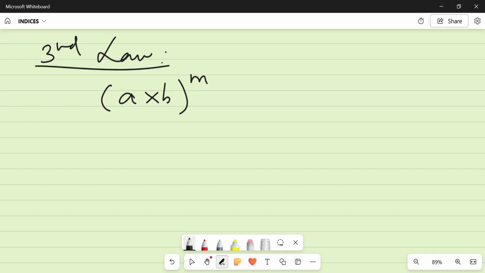So a times b to the whole bracket. This is a whole bracket. M is outside, which means m is on a as well and b as well, right? So how are we going to open them? We can easily open it as a to the power m times b to the power m.